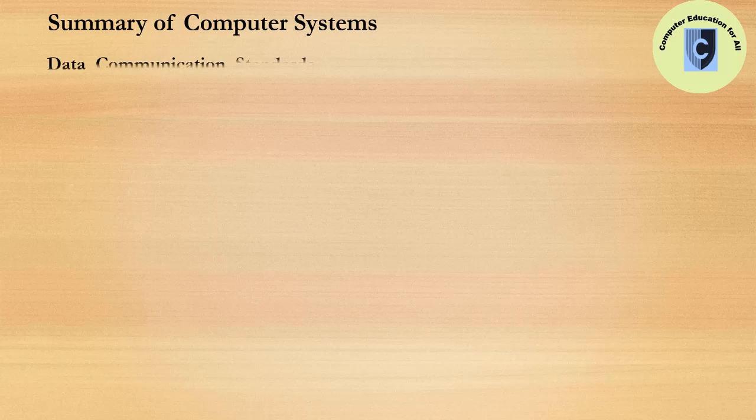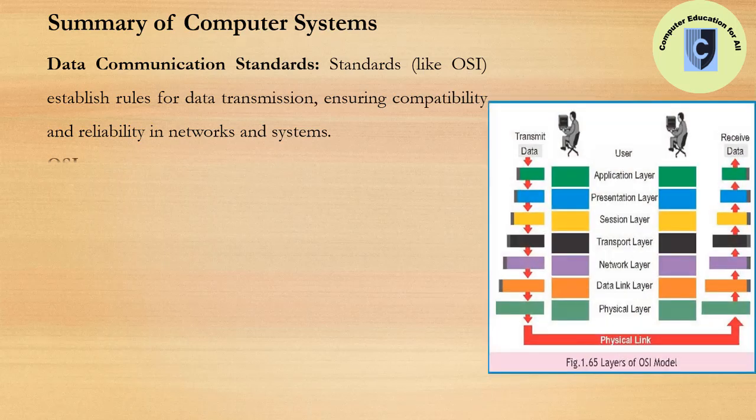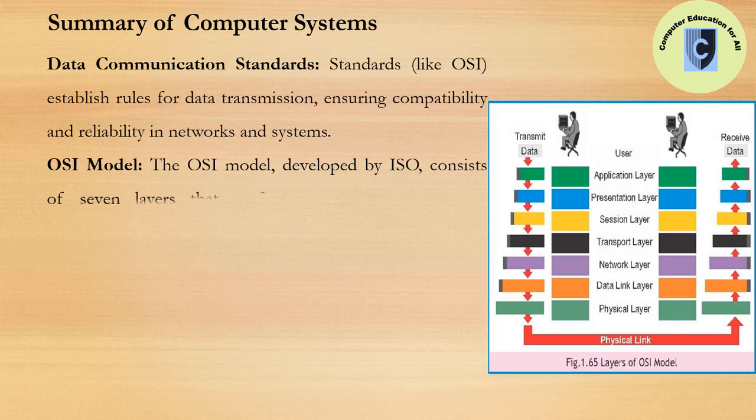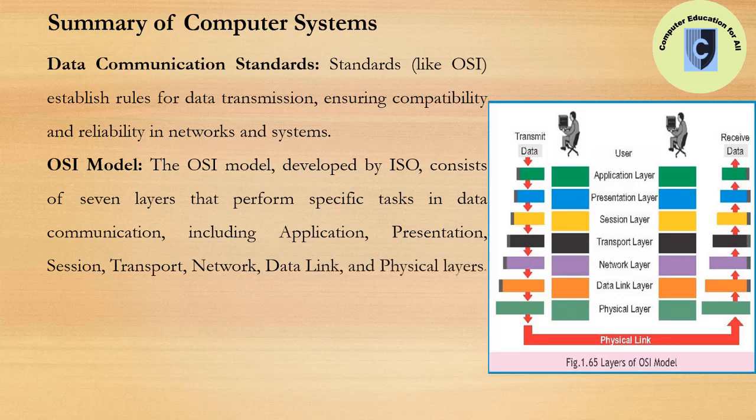Data communication standards. Standards like OSI establish rules for data transmission, ensuring compatibility and reliability in networks and systems. OSI model. The OSI model, developed by ISO, consists of 7 layers that perform specific tasks in data communication, including application, presentation, session, transport, network, data link, and physical layers.